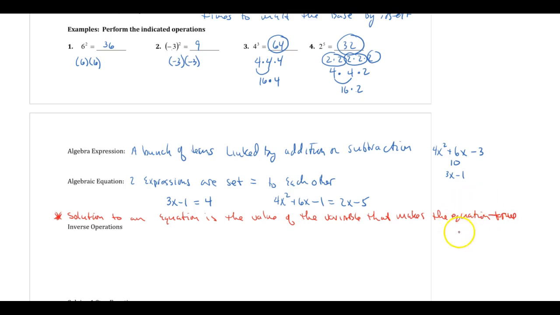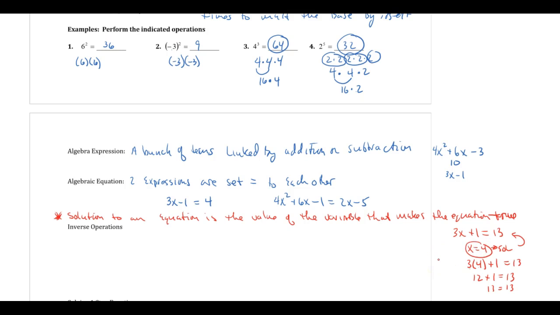For instance, if I look at 3x plus 1 equals 13, and I tell you x equals 4 is the solution. If I plug 4 in, 3 times 4 plus 1 should make this a true statement. 3 times 4 is 12. 12 plus 1 is that 13? Yes. Therefore, 4 is the solution to that equation.